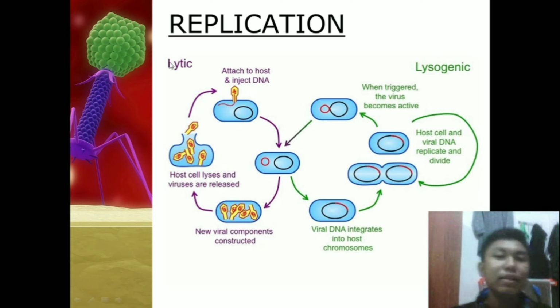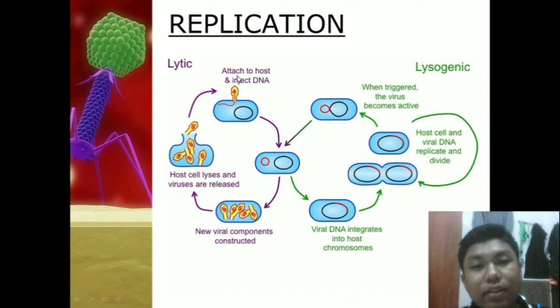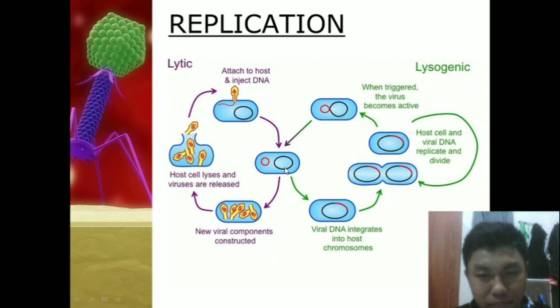That is lytic. What about lysogenic? First, it has the same step. First the virus attaches to the host and injects DNA, and then the DNA goes to the core right here, and then to this circle. Viral DNA integrates into the host chromosome, so they become one.